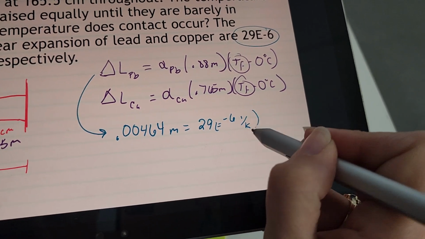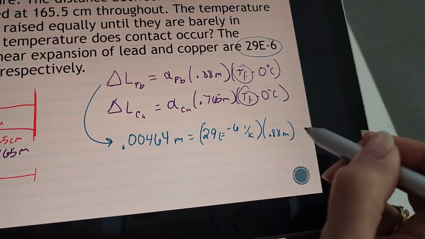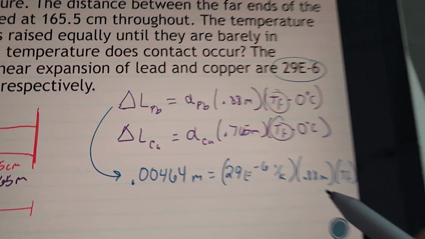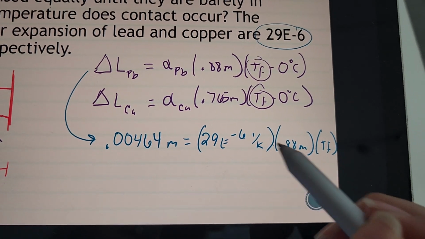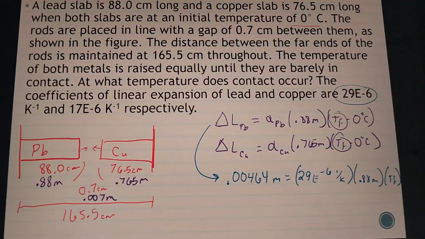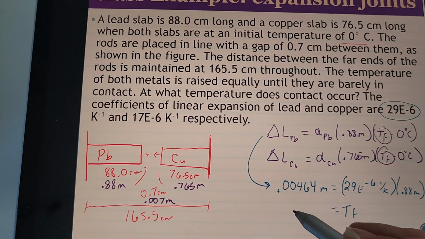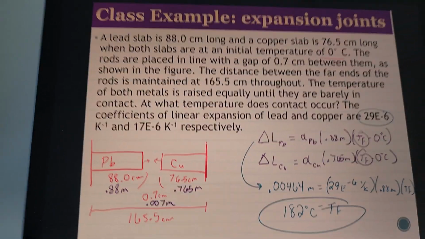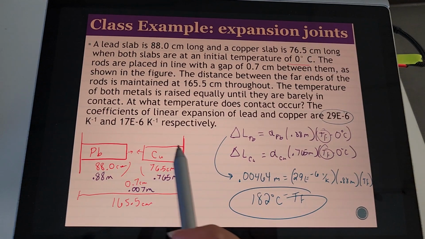That's 1 over K. And TF minus 0 is just TF. Okay, so now we're going to divide by this on both sides, and we get our final answer, which is about 182 degrees Celsius. So it has to go from 0 all the way up to 182 degrees Celsius for that contact to occur.